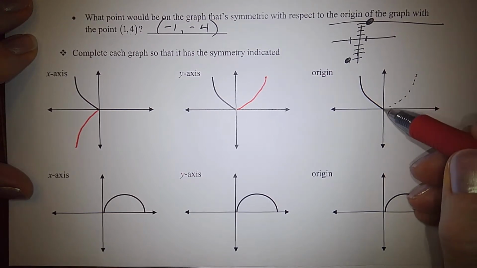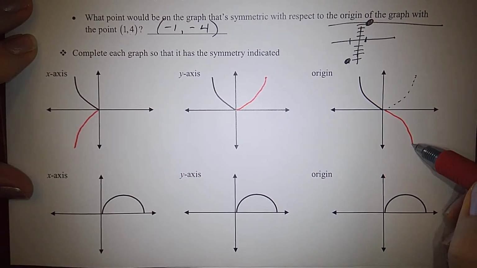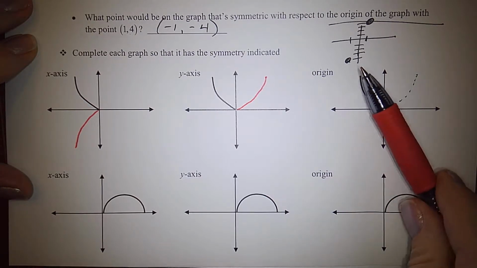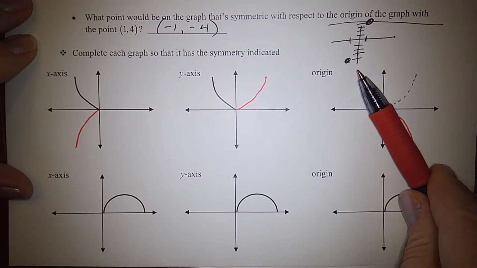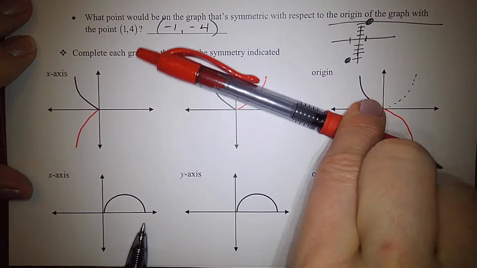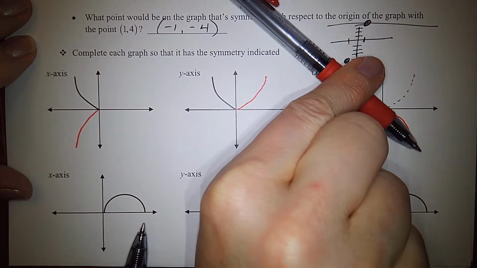So ultimately, it's going to move down here. Or you could look at it as a rotation. Anything in the second quadrant would rotate all the way around the origin, and it would end up down here in the fourth quadrant.